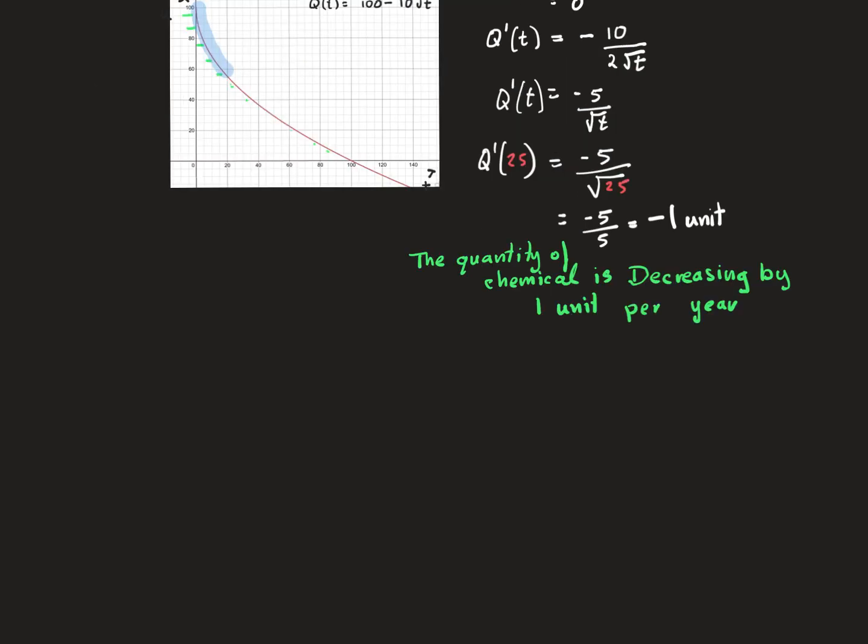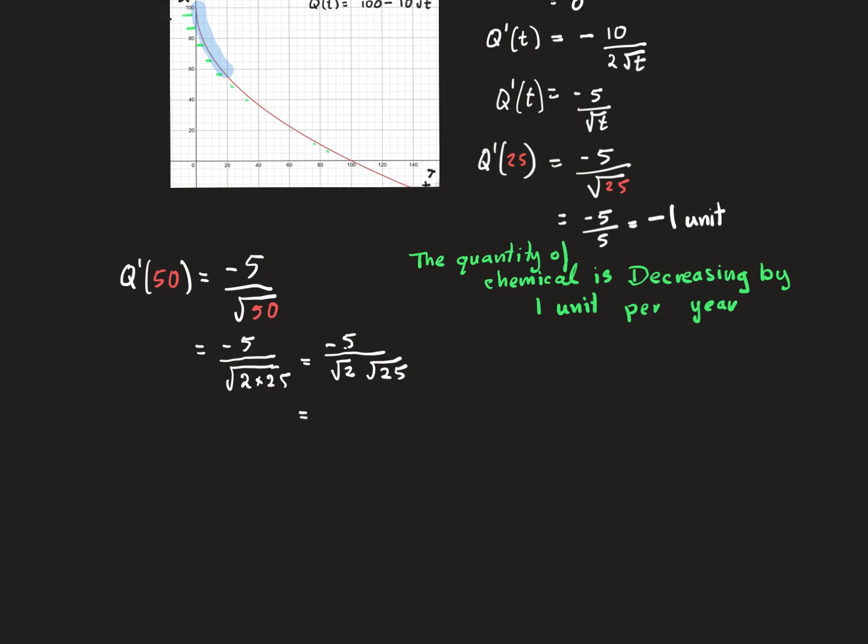Okay, so what happens when a person is 50? We insert 50 in here and we get minus 5 over root 50. Okay, well, we're working with thirds over here. You can rewrite this again as saying it's 2 times 25, which would be the same as saying minus 5 over root 2 multiplied by root 25.